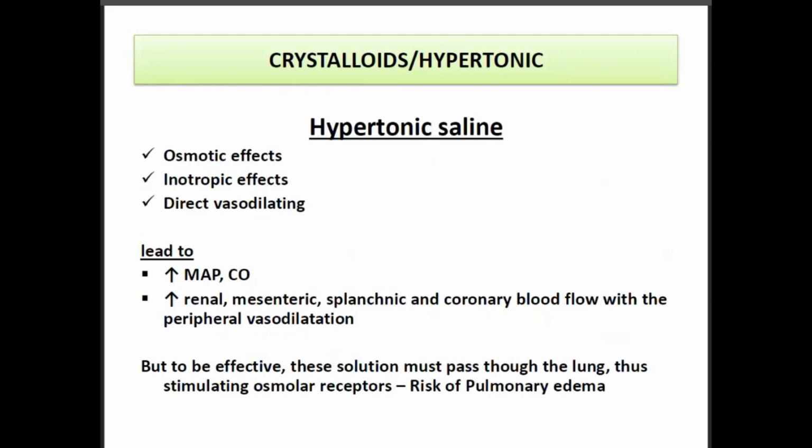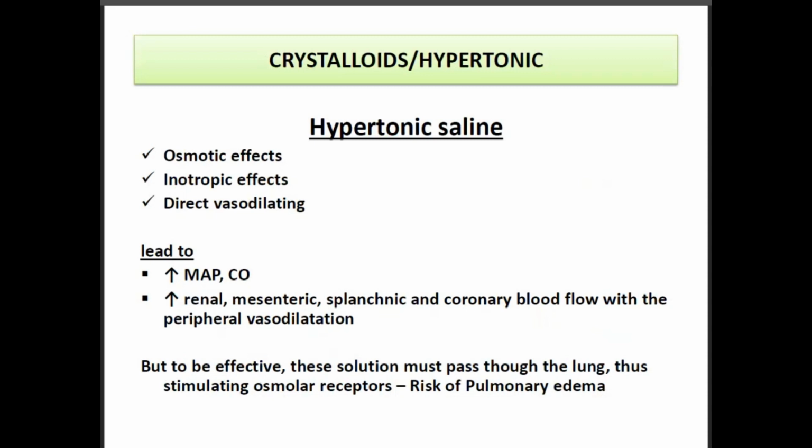Okay. What about the hypertonic saline? Hypertonic saline, we like it in neurosurgery because it can reduce edema. Because it is hypertonic, it will go to the interstitial space and it will take water from the cells.